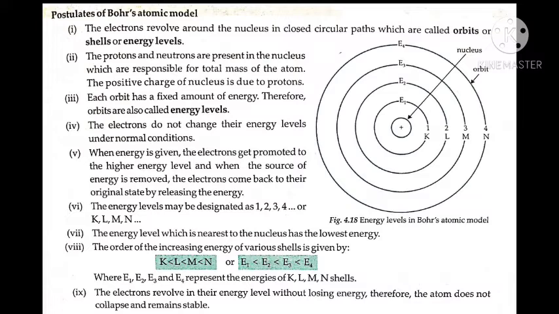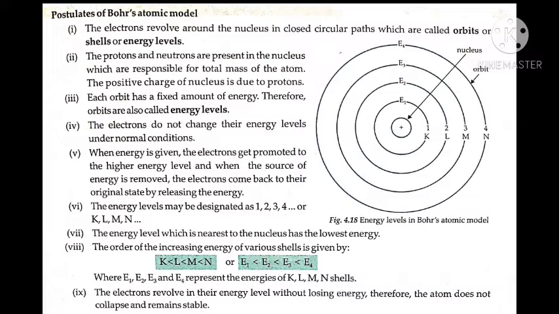The electrons revolve around the nucleus in closed circular paths, which are called orbits, shells or energy levels. The protons and neutrons are present in the nucleus, which are responsible for the total mass of the atom. The positive charge of the nucleus is due to protons.